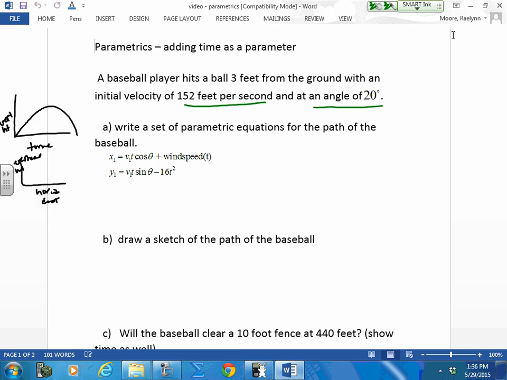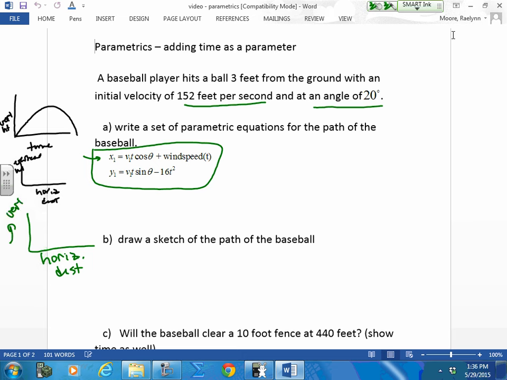So we have two generalized equations. The x deals with anything along the x-axis, and in our case, it will be our horizontal distance. Anything that affects the horizontal distance will be in the x. In the y will be anything that affects the vertical distance.